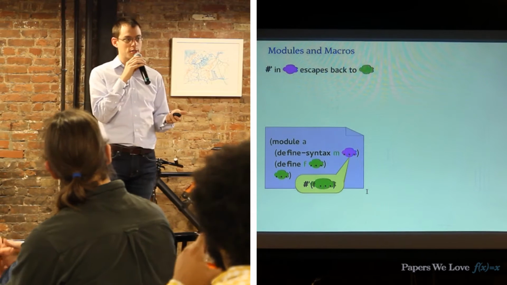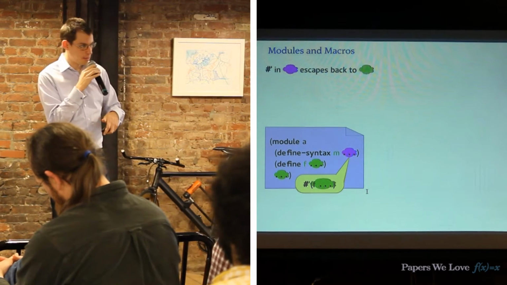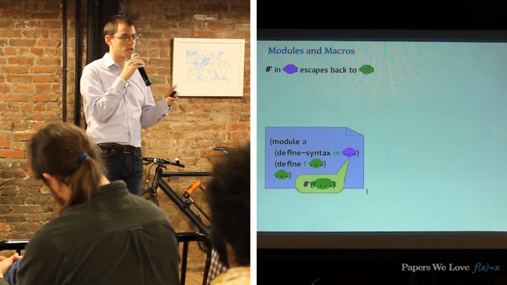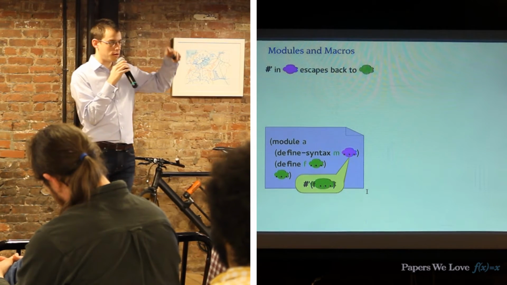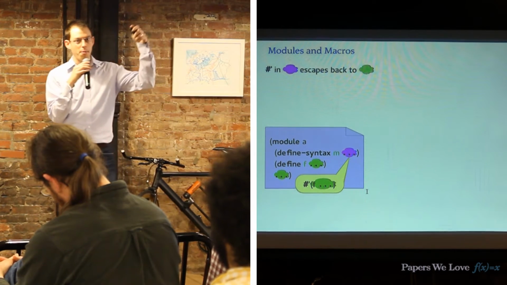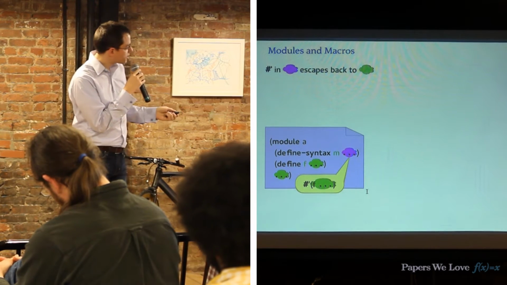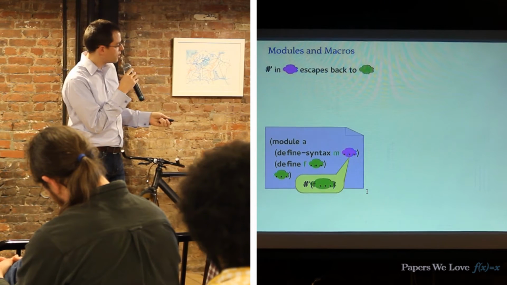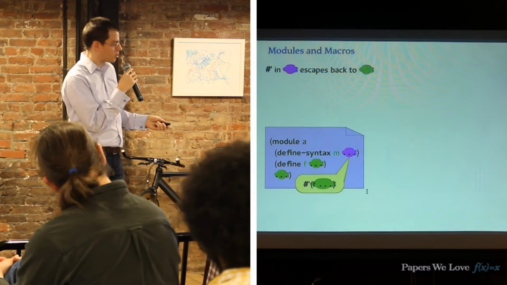It constructs a piece of syntax, and that's going to be running at runtime. So really when we quote things, when we construct syntax, we're going back from the meta level, the compile time program, back to the runtime program. So we escape back from purple into green by having, in this purple cloud, a little green cloud inside our little quotation.